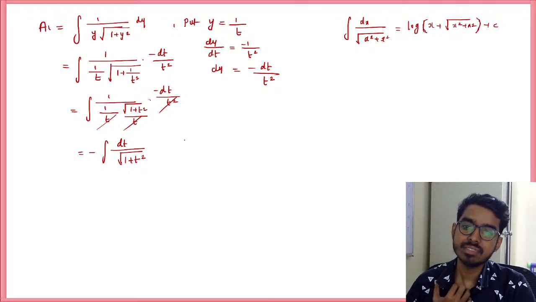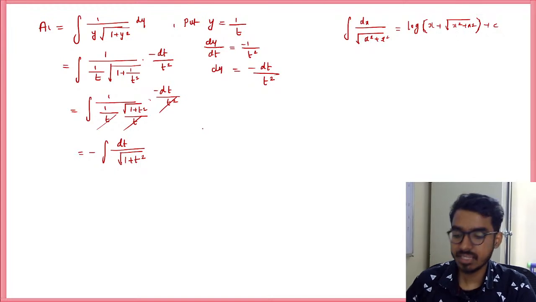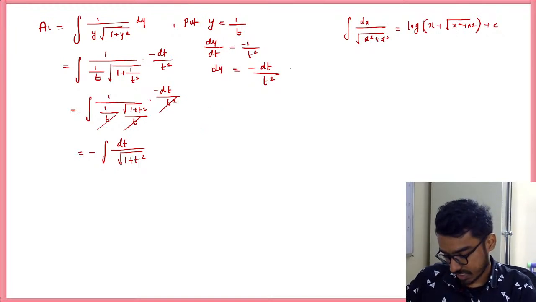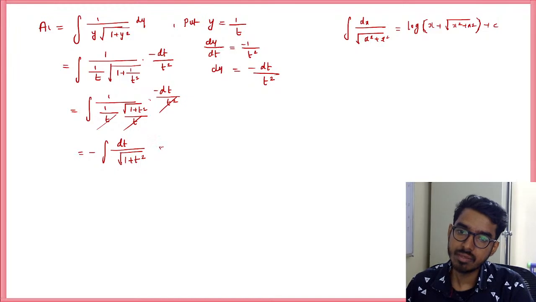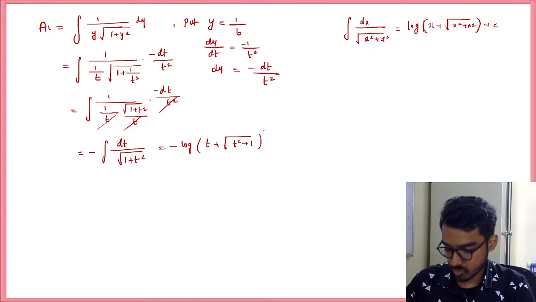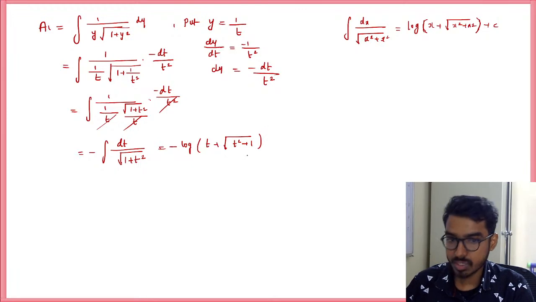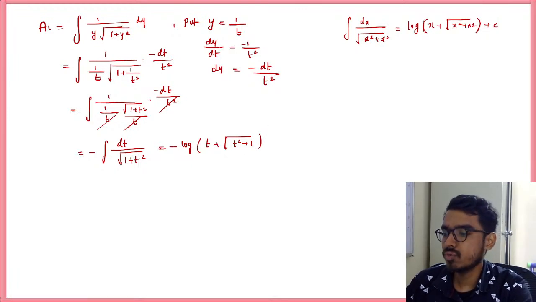So here you can see our a is 1 and x is t. So this will be minus, already we have minus here. So we have log of t plus root of t square plus 1. So just change t to be equal to 1 by y, and you will get the value of a1.